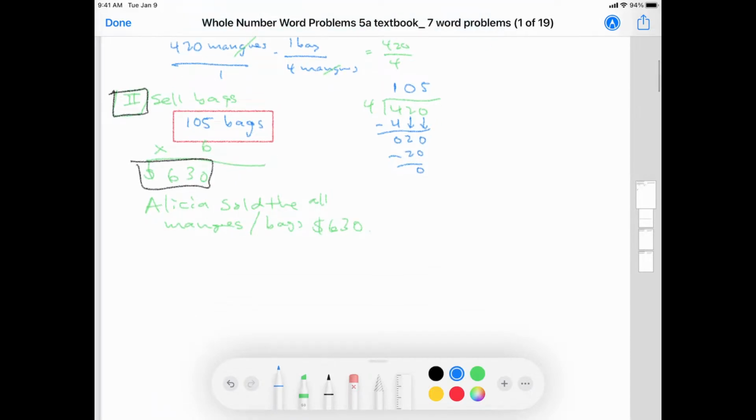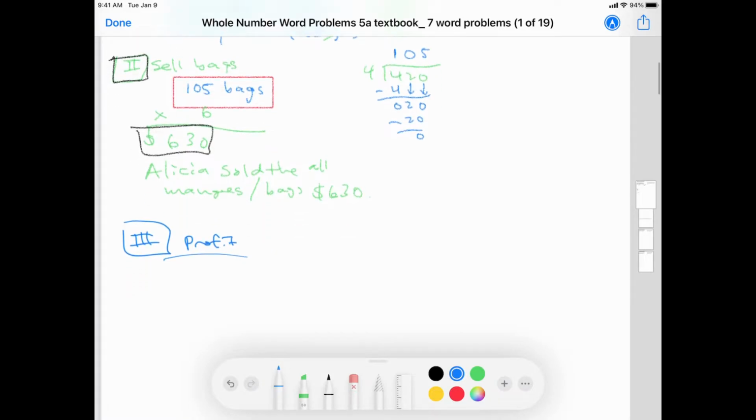Then the last thing I'm going to do is figure out, because the question is how much money did she make? So we're talking about profit here. So profit, this is how much money she makes, is the selling price minus the cost price.